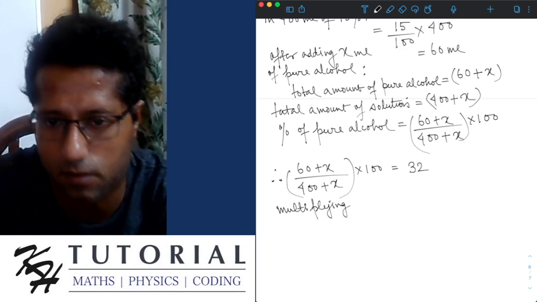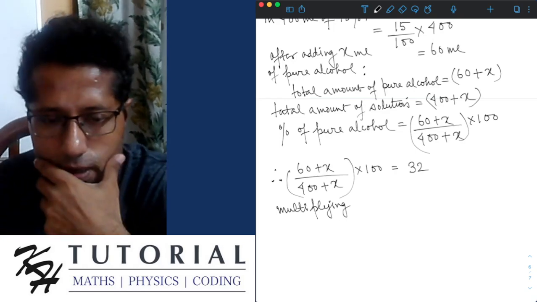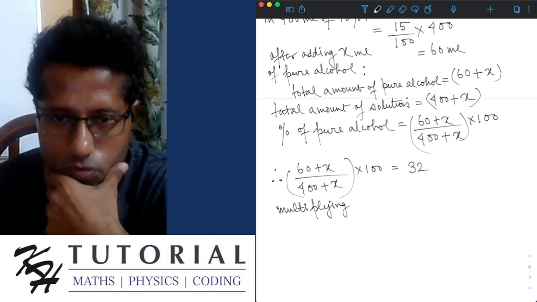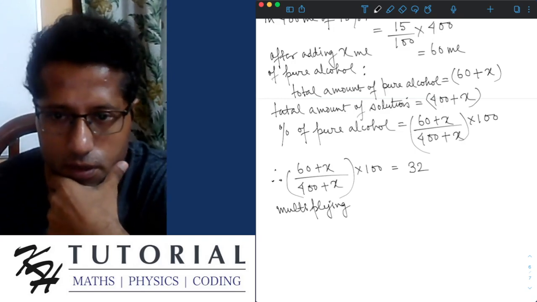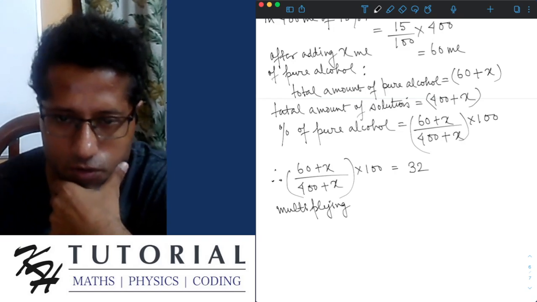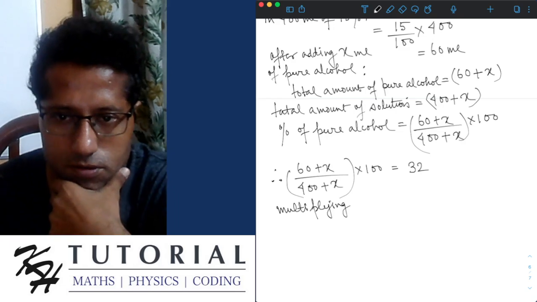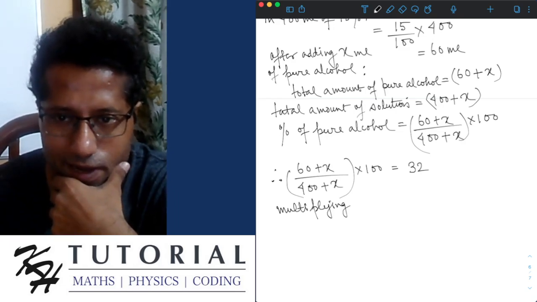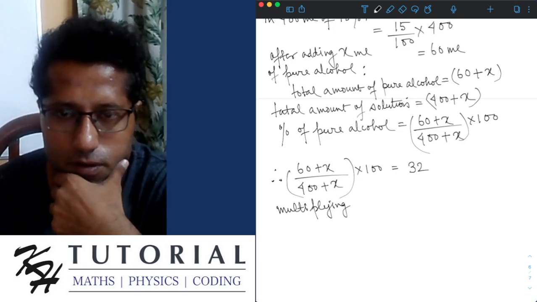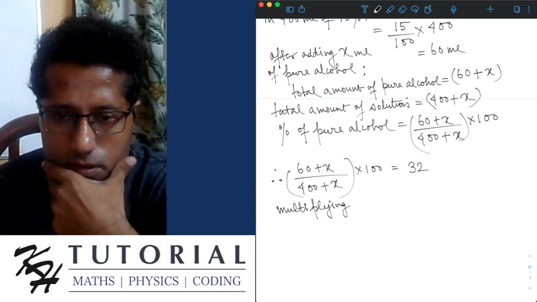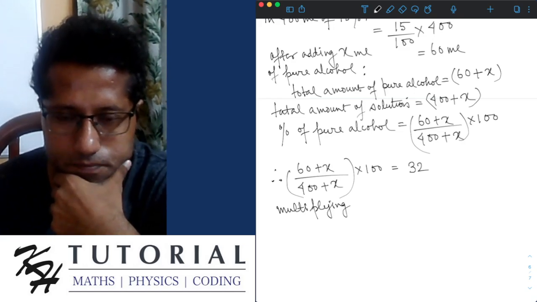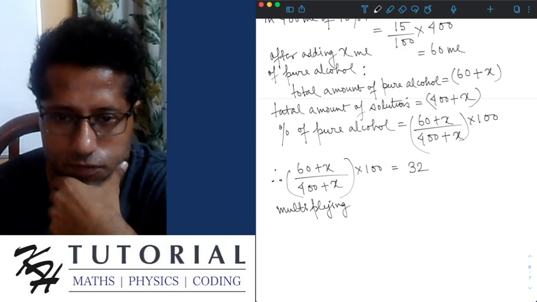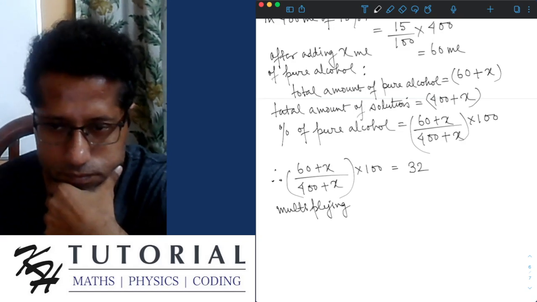In a linear equation, we can multiply both the LHS and RHS by the same non-zero quantity. Now 400 plus x will not be equal to 0, because in that case the given facts would be wrong information. 400 plus x will never be 0. So we can multiply both the LHS and RHS of this equation by 400 plus x.